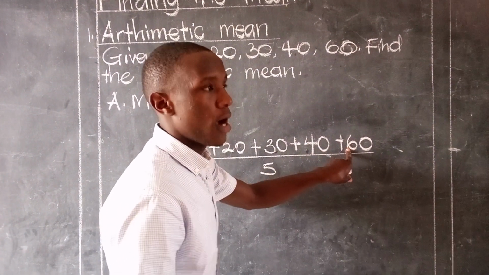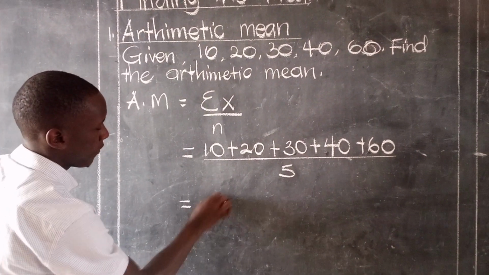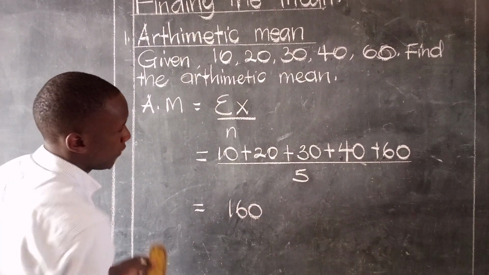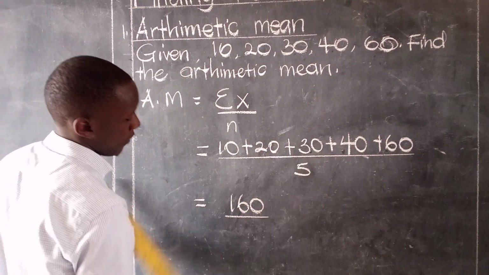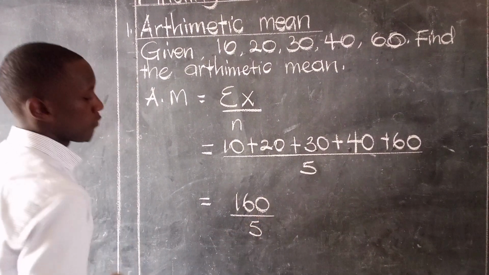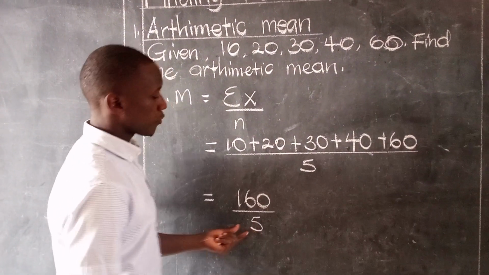That is 160. So we have 160 divided by 5.